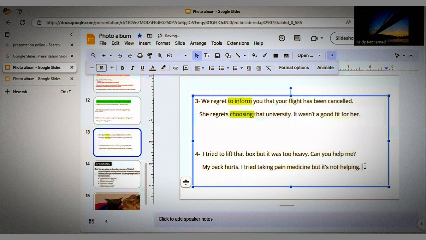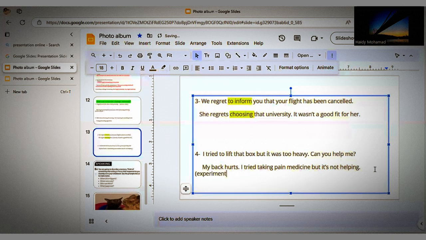So we can say here that we are talking about an experiment when it comes to the gerund with the verb try. But for the base form with the verb try, we have a very difficult task.